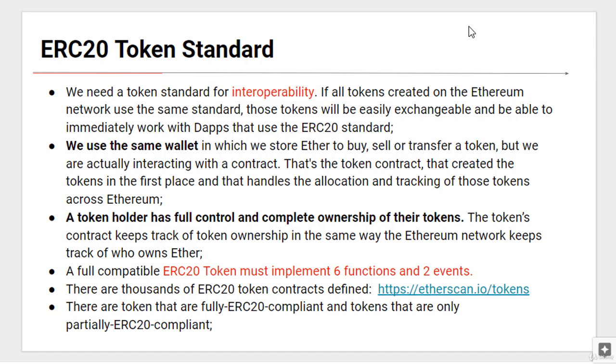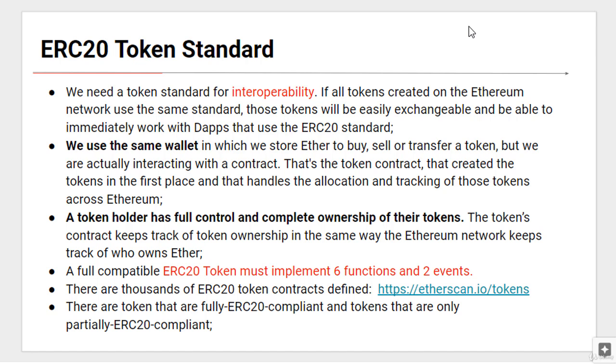We need a token standard for interoperability. If all tokens created on the Ethereum network use the same standard, those tokens will be easily exchangeable and be able to immediately work with dApps that use the ERC20 standard.